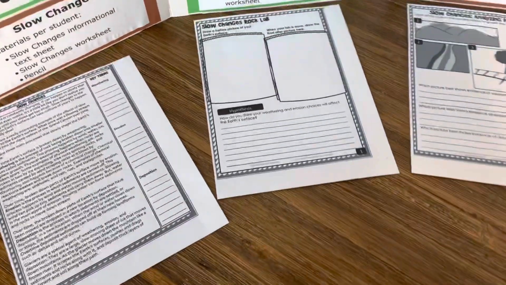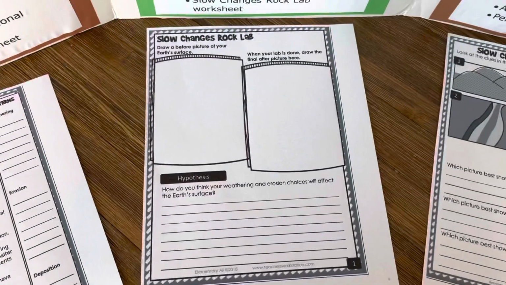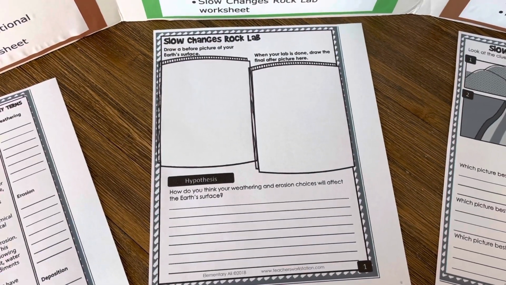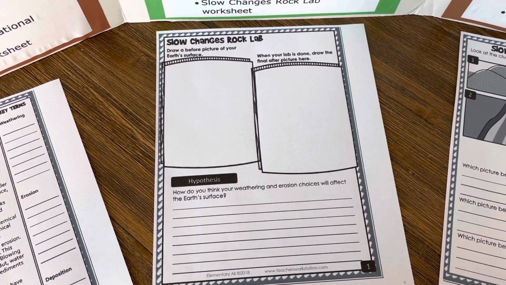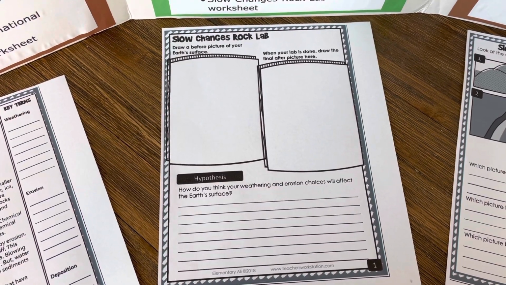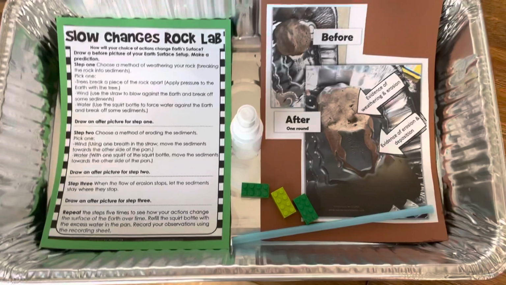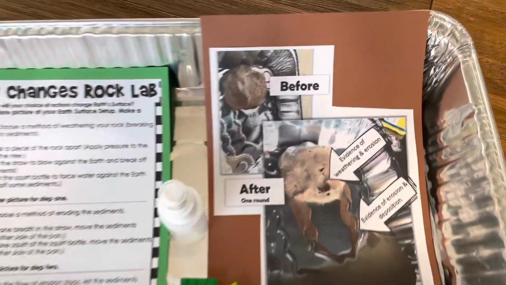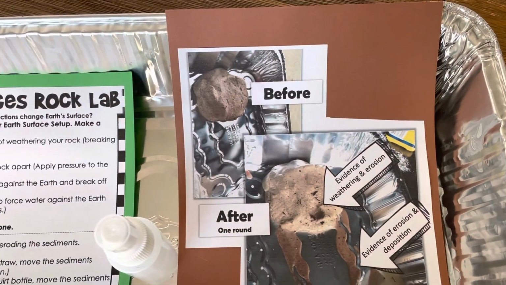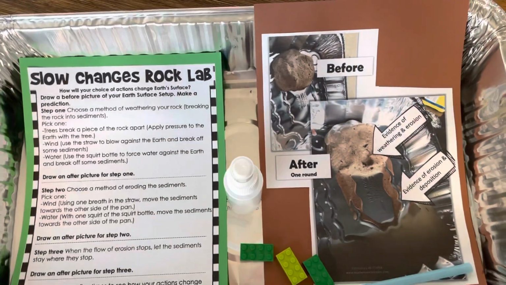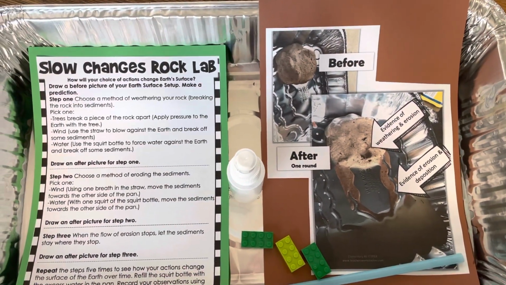So first, students will draw a picture of the before of their Earth's surface, which will be their earth chunk. Next, so here's the before of the earth chunk. Next, each team member will choose a method of weathering their rock.